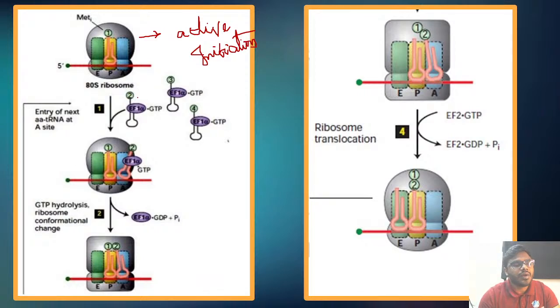In the prokaryotic organism, what is the name of the elongation factor that brings the second tRNA? I hope all of you remember friends. Which one do we call it? EF-Tu GTP molecule. Absolutely true point. EF-Tu GTP is the molecule which brings the tRNA towards the A site.